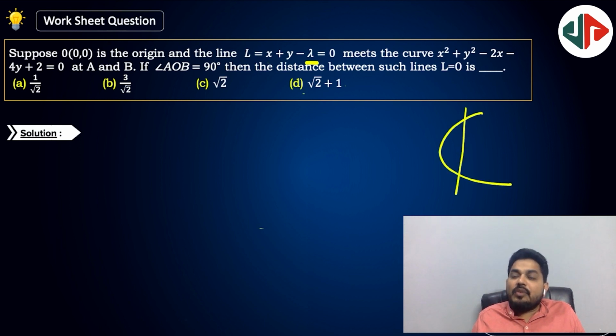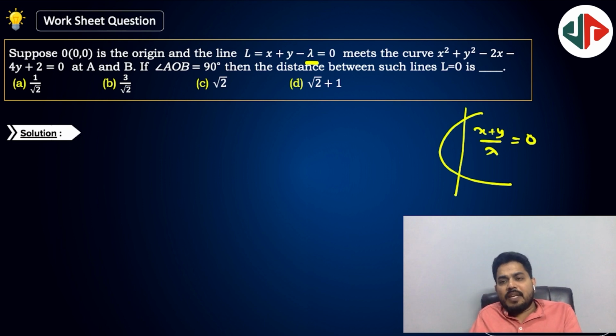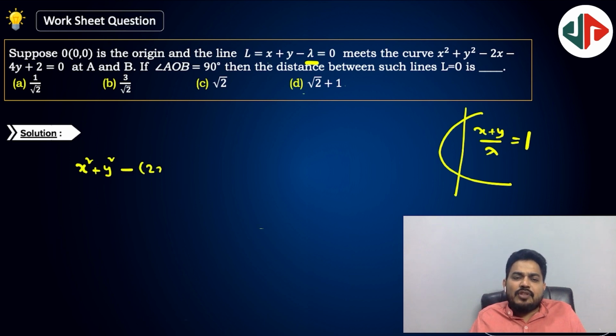You need to homogenize this one with (x plus y) by lambda is equal to 1. Now, x square plus y square minus half 2x plus 4y into 1, instead of 1 let me write (x plus y) by lambda, plus 2 times (x plus y by lambda) whole square is equal to 0.